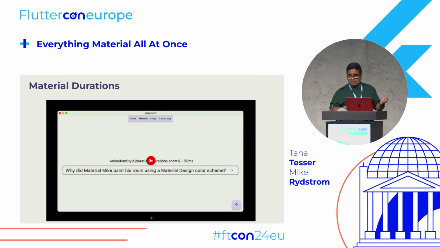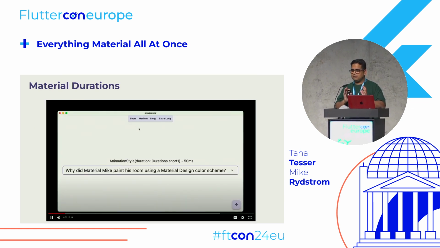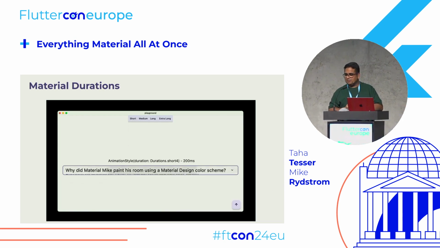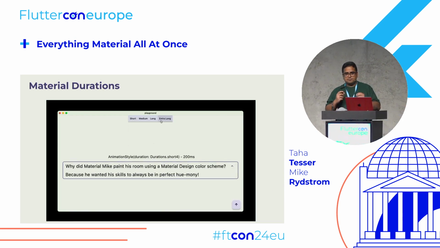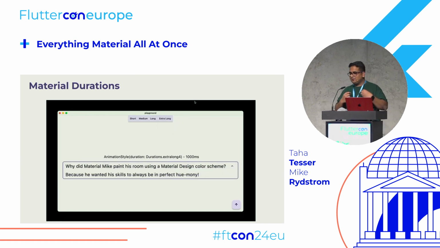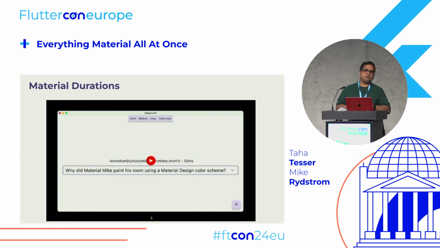Here I customized the expansion tile animation using one of the suggested curves. It's a short duration, and when you apply this, it expands with that duration. When you use long, it takes longer to collapse. It's just a very simple example. You could use these suggested animation curves and durations to create really expressive designs that are really beautiful in nature.